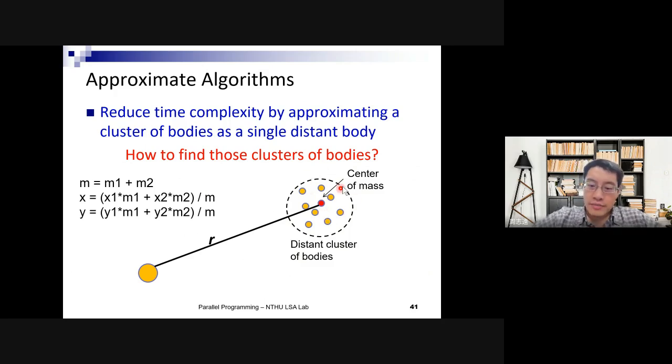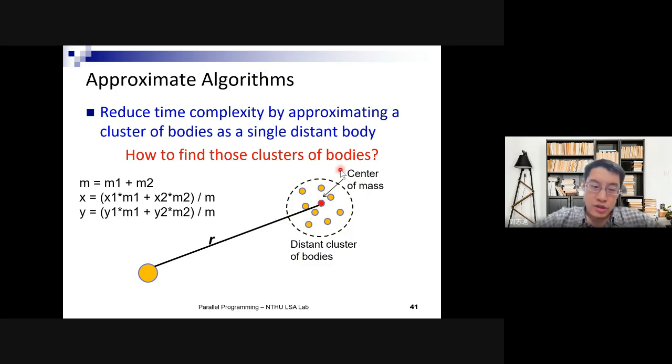So if there are many objects in a very close neighborhood, and all of them are far from the object for which you try to compute the force, then all those nearby objects can be approximated as just a single object with the accumulated mass from all of them.